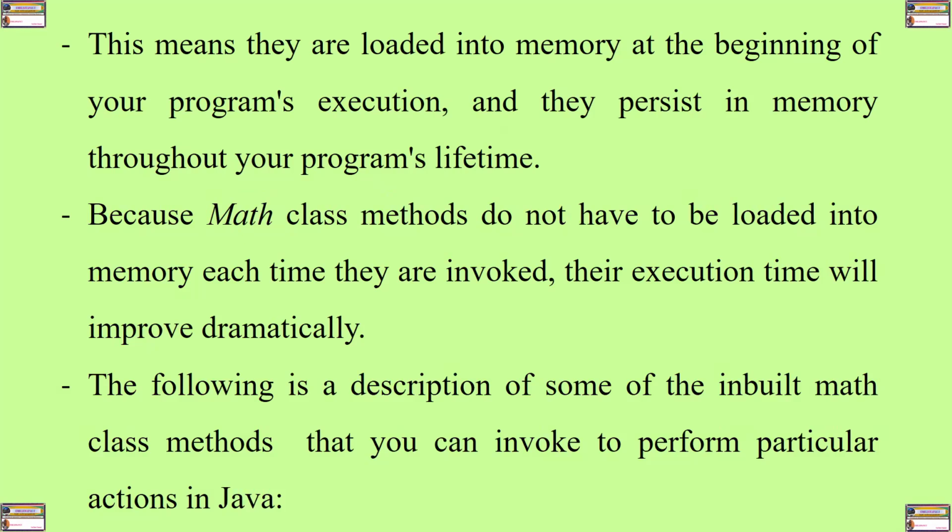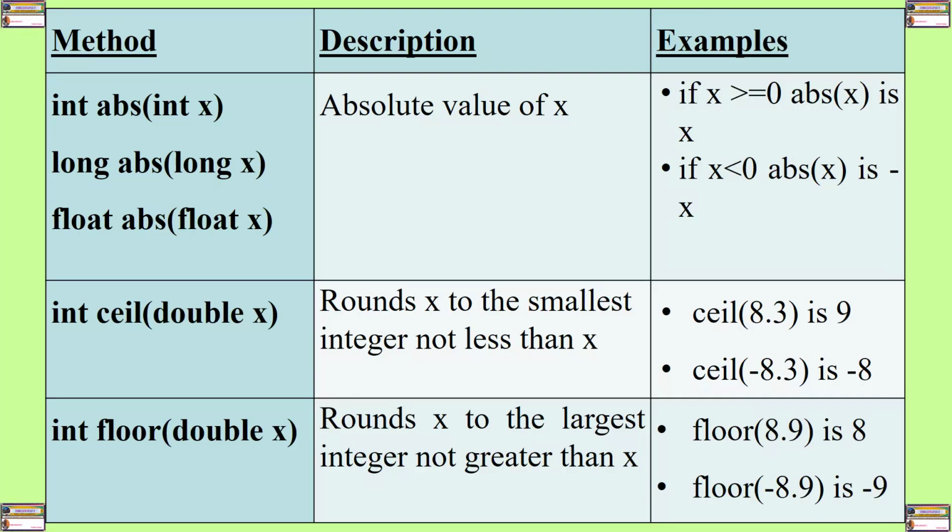The following is a description of some of the inbuilt class methods that you can invoke to perform a particular action in Java. So we have method, description, and example. For example, int abs, with the parameter x of type int.